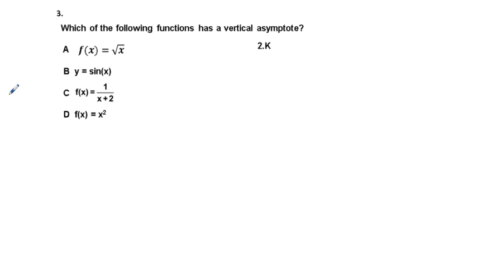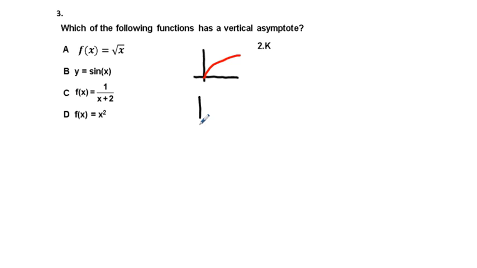Problem 3, which of the following functions has a vertical asymptote? Well, all these other functions, like the function in part A, that's going to be the square root function, not a vertical asymptote.